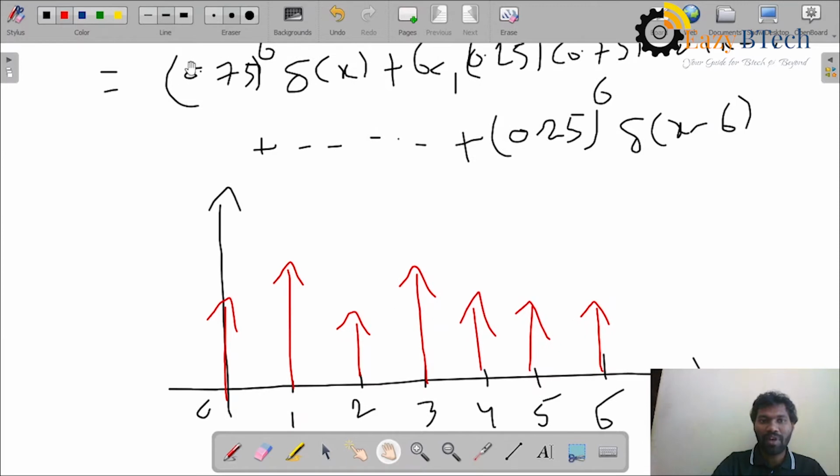This value is 0.75 to the power 6 at the origin, and at x equal to 6, you have 0.25 to the power 6. Likewise, you can draw the density function of a binomial random variable.